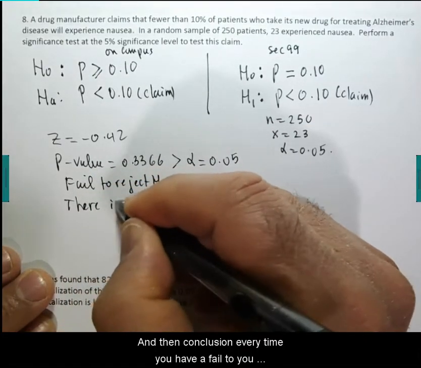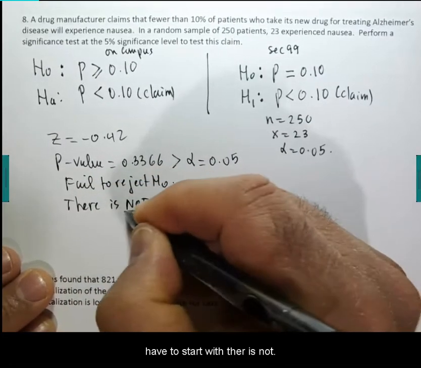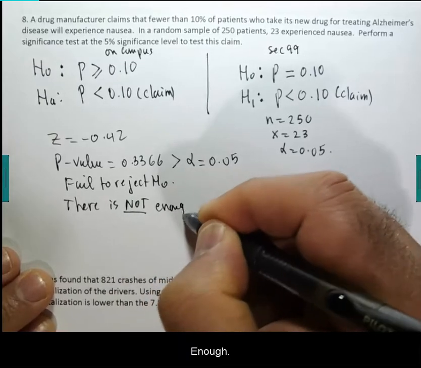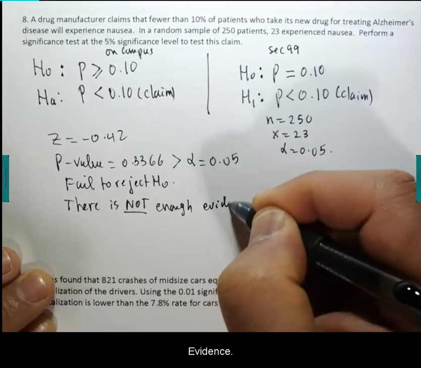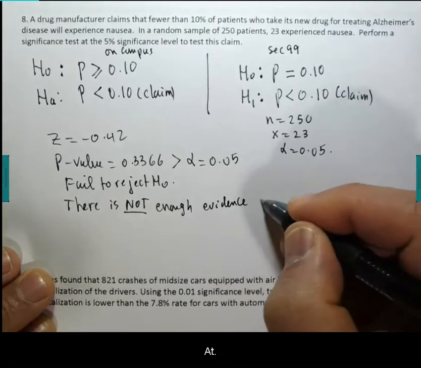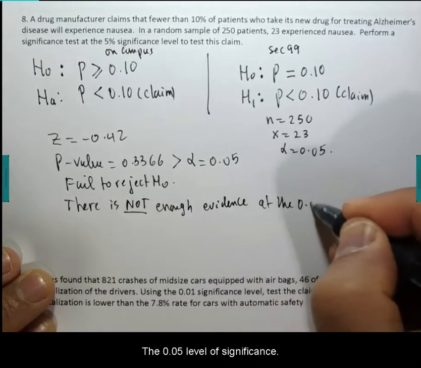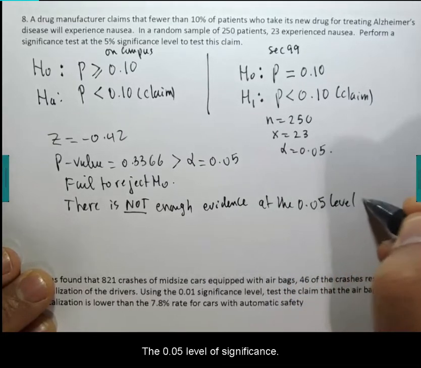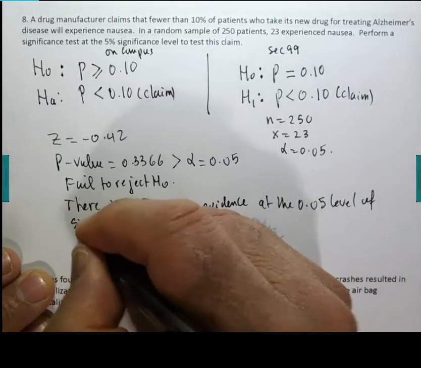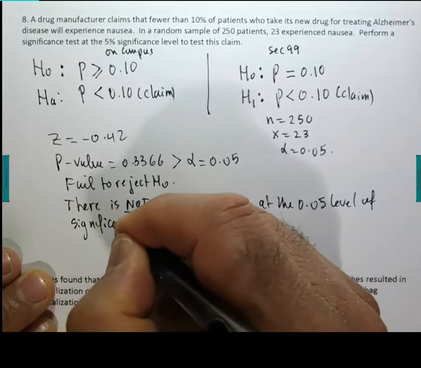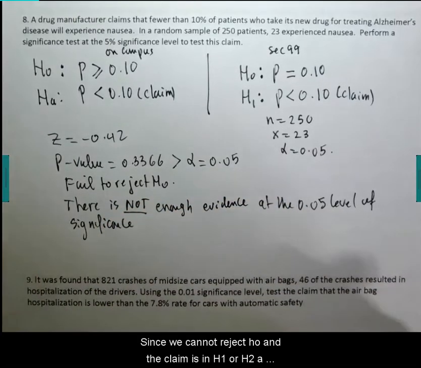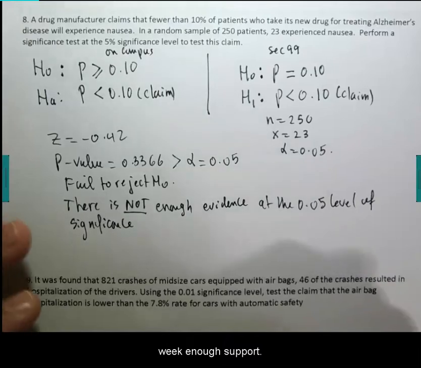Every time you have a fail to, you have to start with there is not enough evidence at the 0.05 level of significance. Since we cannot reject H0 and the claim is in H1 or HA, we cannot support the claim.